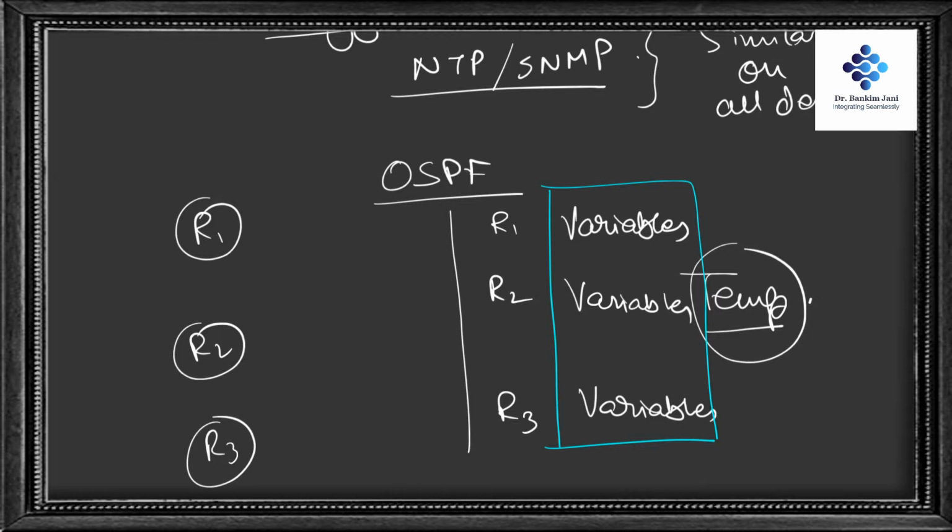We have a template and a variable file, and in this one file we write that R1 will be served these values, R2 will be served these values, and R3 will be served these values, and then they are all injected into these routers or devices. So it makes the entire management much easier.